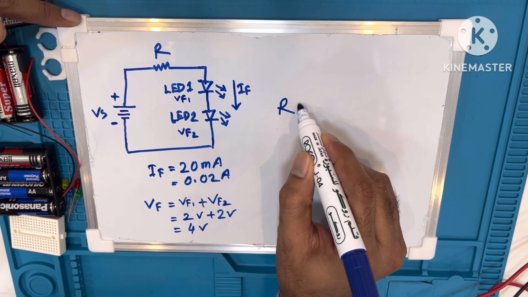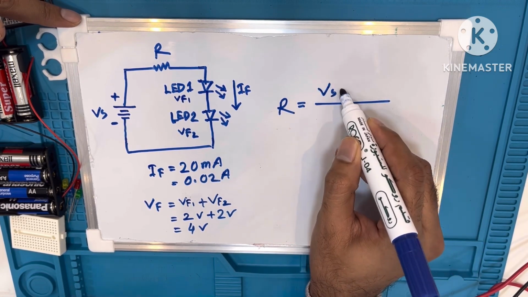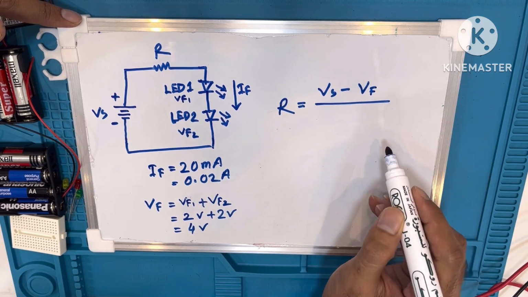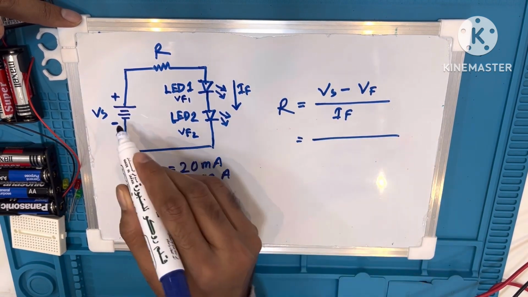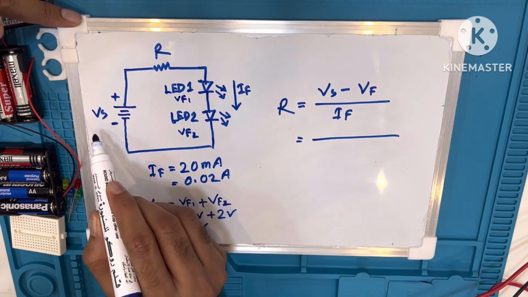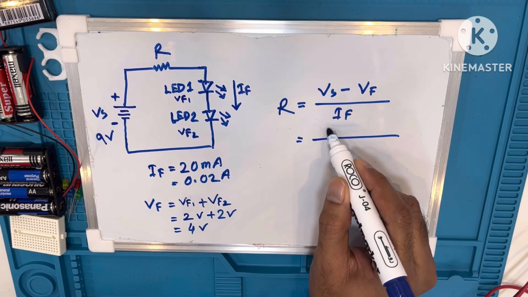So now let's go back to the equation for resistor value, which is source voltage minus forward voltage divided by forward current. Here we now use the source voltage equal to 9 volt.